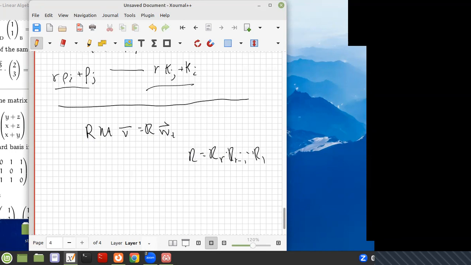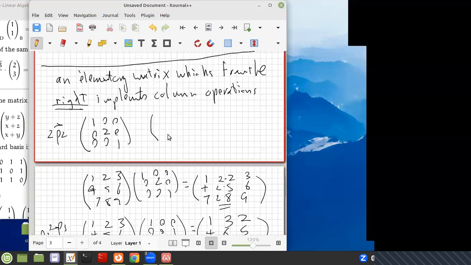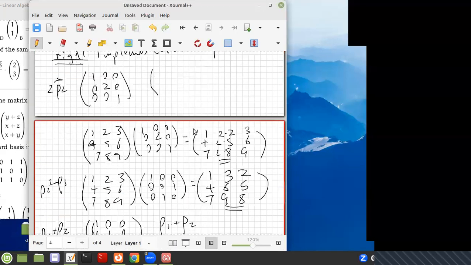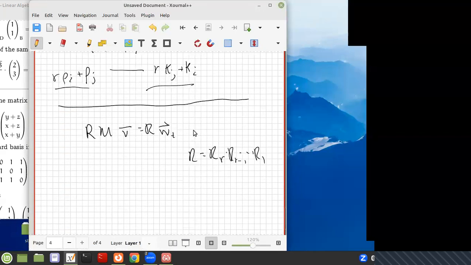But the matrix we get, even from reduced echelon form, still has dependencies, right? So what we can do is act with, say, a matrix S here.